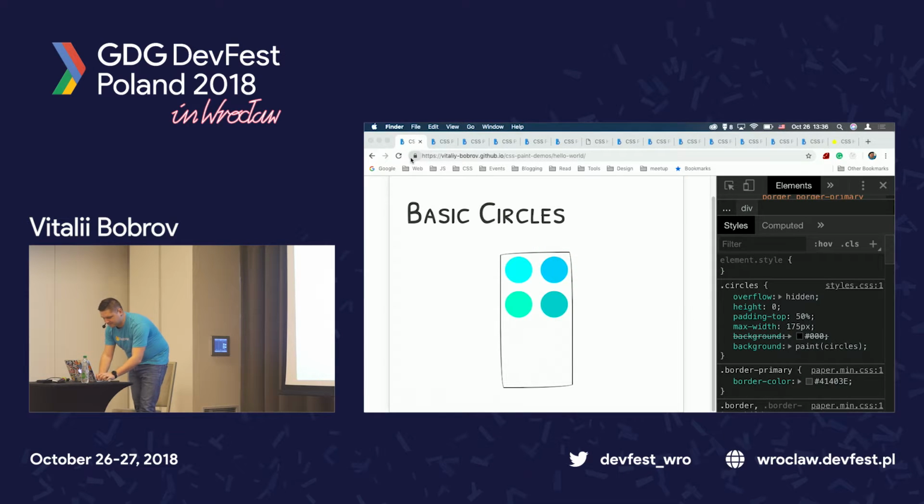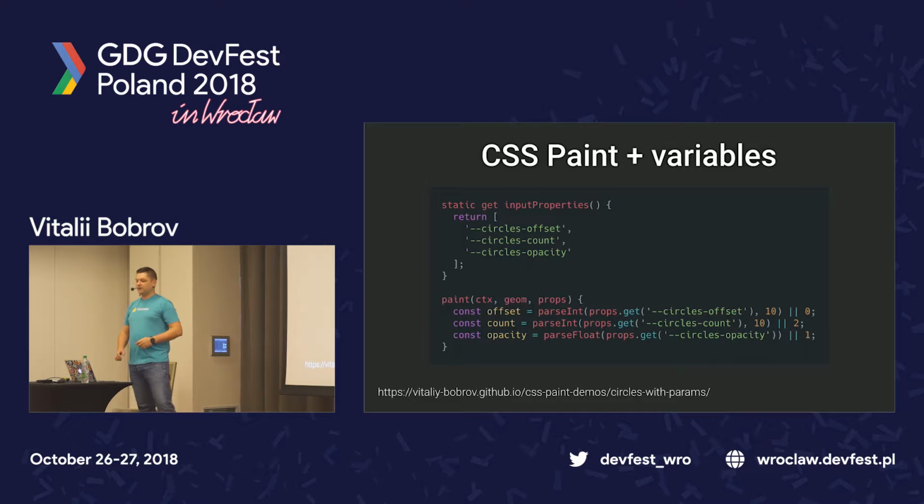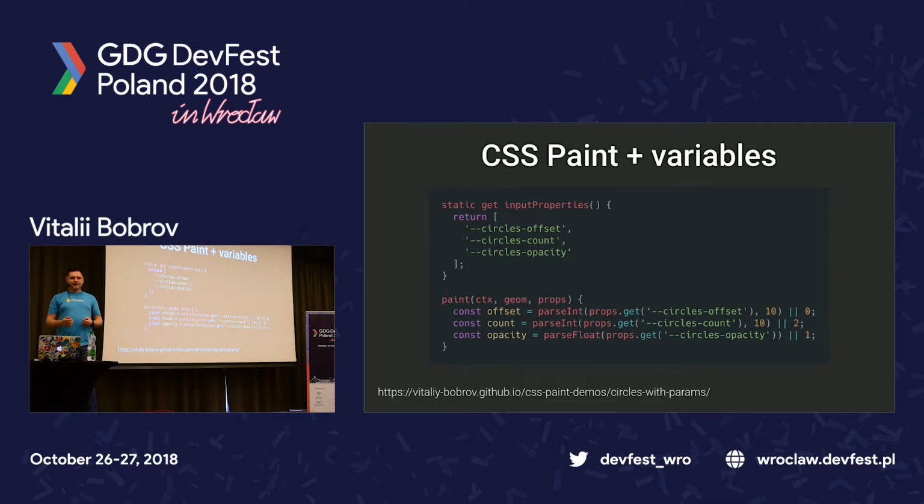Let's go next. We can subscribe to some properties, and it could be custom properties, CSS variables, or just usual CSS properties like margins, paddings, whatever. To do so, we need to define a static method, inputProperties, and it should return the list of strings with the names of properties we want to subscribe to.